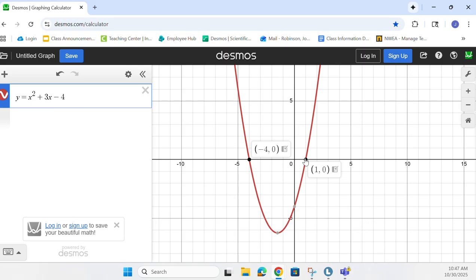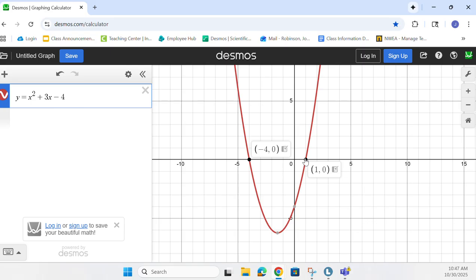The second thing I need you to remember is right here. Zeros are the solutions to the quadratic and the factors are written as opposites. I'm saying that this 1 and this -4 will help us form the factors because the factors lead us to the zeros and the zeros are the solution.